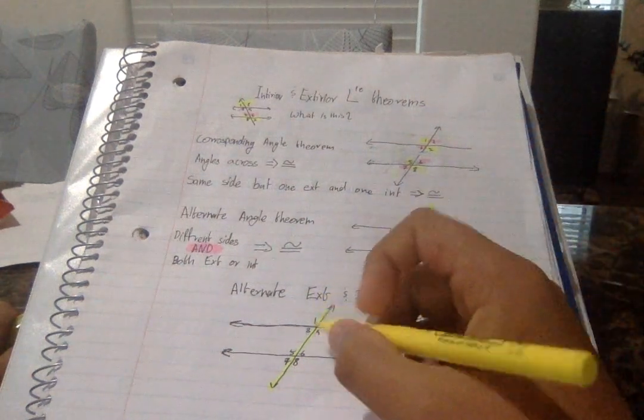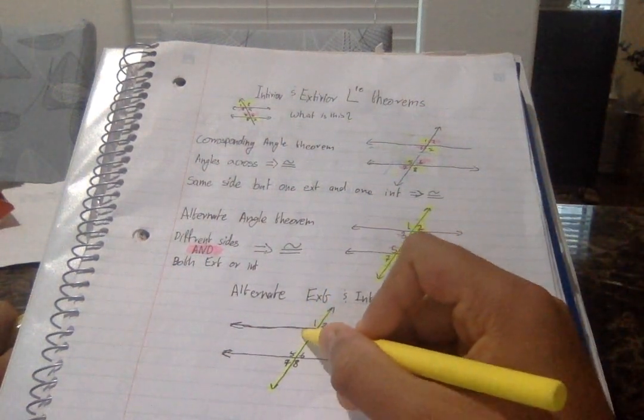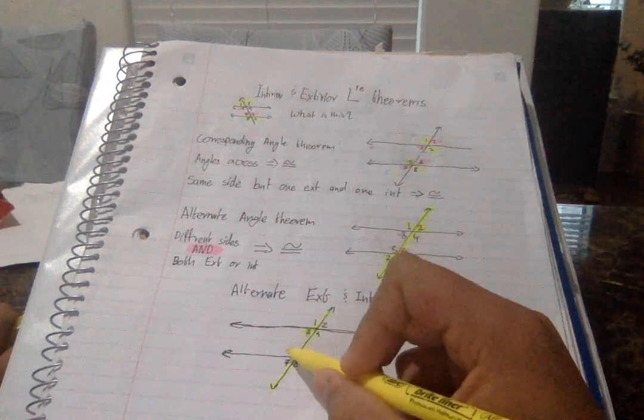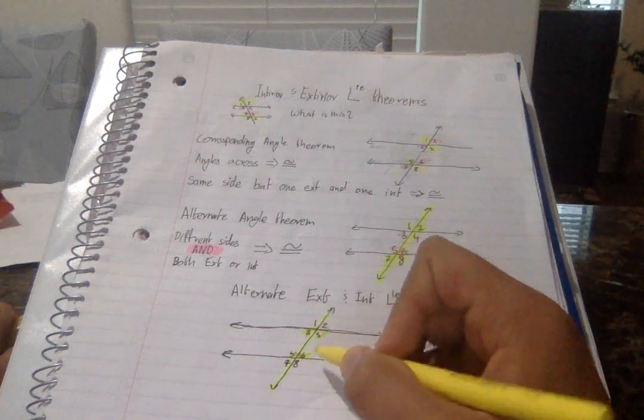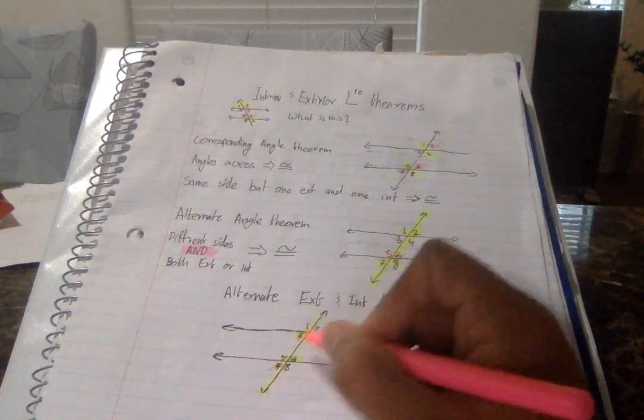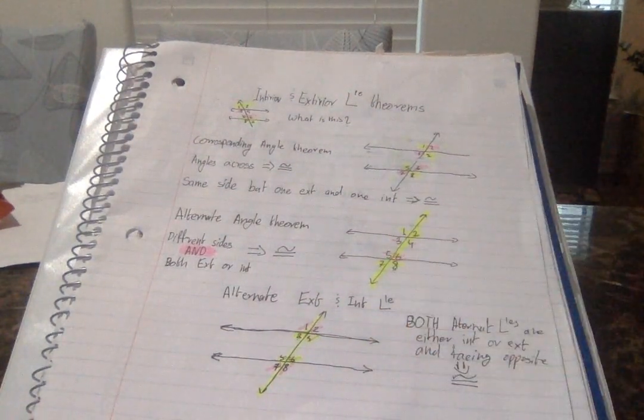So that's saying this or this would be the same, and that this and this would be the same. And that goes for this and this, and this and this. It's like a simplified version of the alternate angle theorem, just separated.